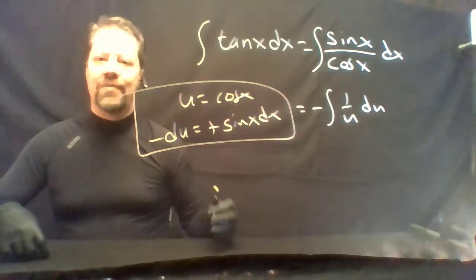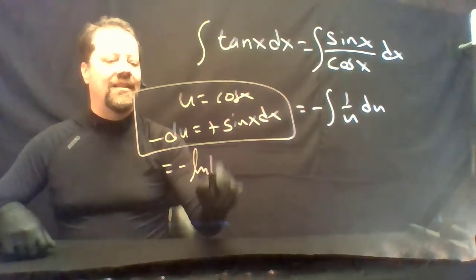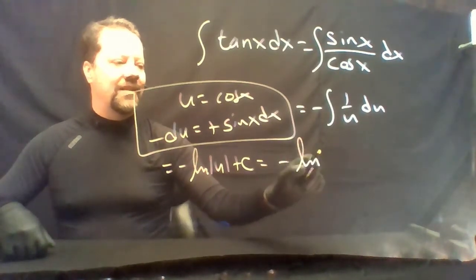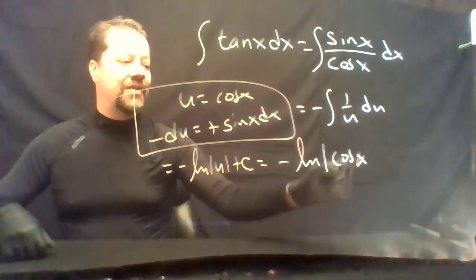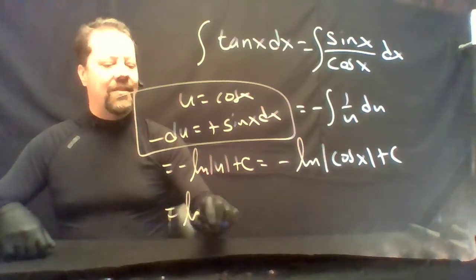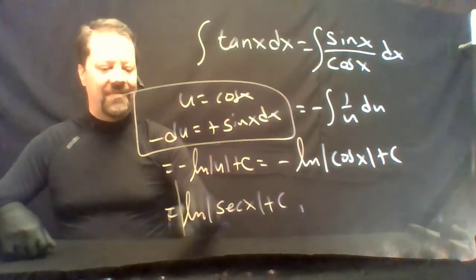So the integral is transformed to minus the integral of 1 over u du, or minus log absolute value u plus c. That's minus log the absolute value of cosine x plus c. If you bring the minus up, it's the log of the absolute value of the secant of x plus c.